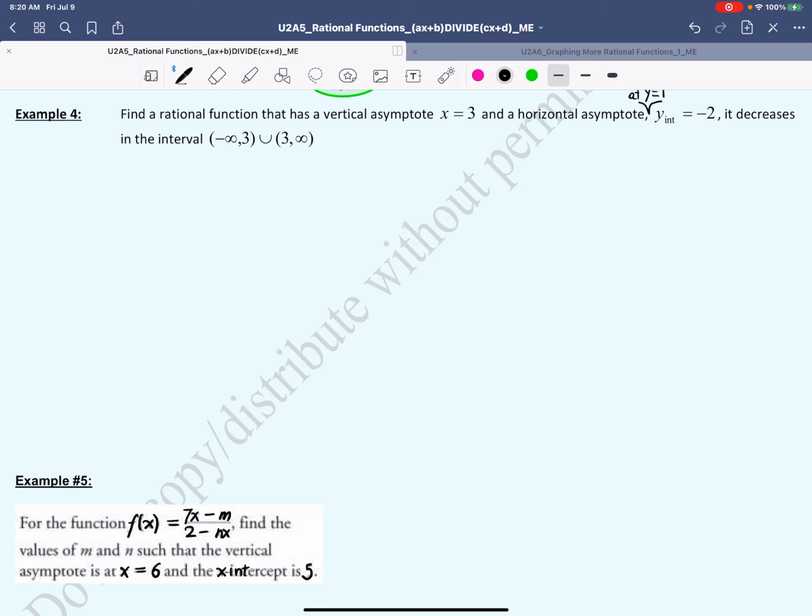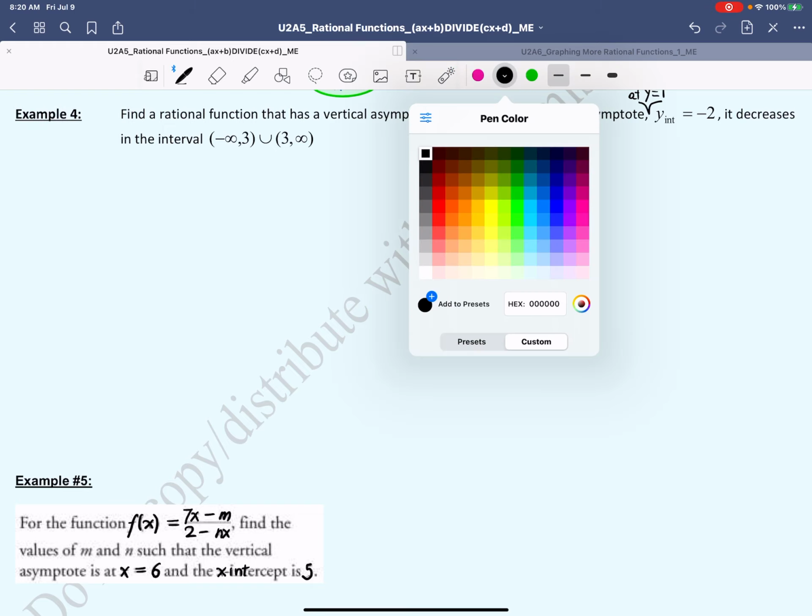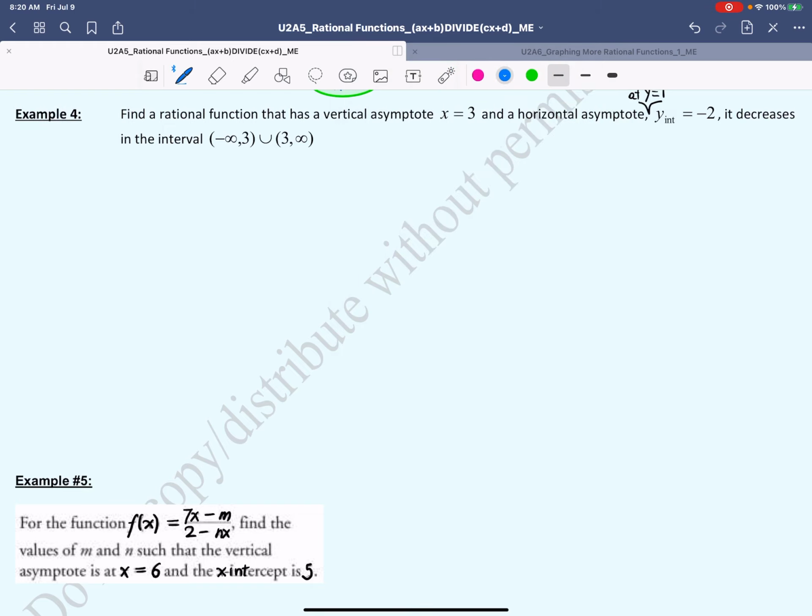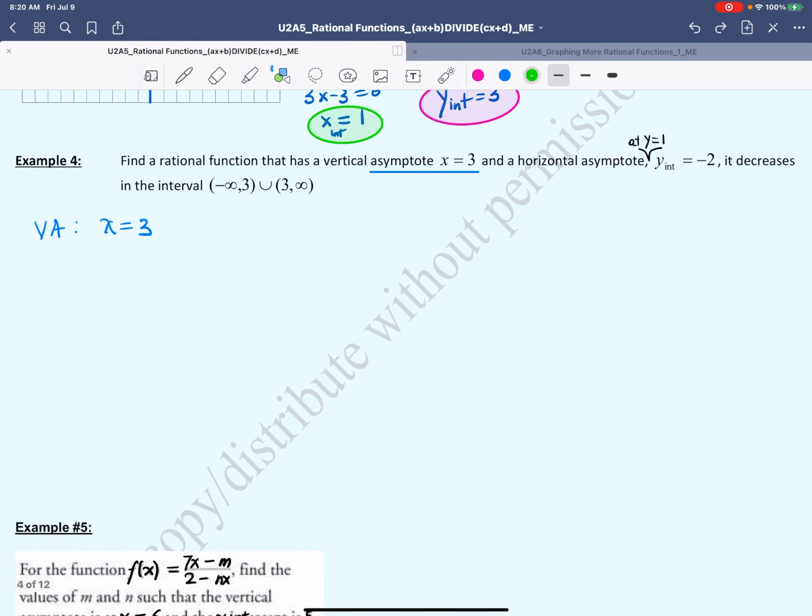So I read it a second time, and this time I will also plot the information down. According to this problem, we know that the function has a vertical asymptote at x equals 3, so I'll write this down. And then there is a horizontal asymptote at y equals 1.